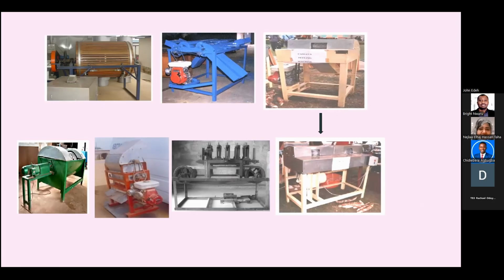He developed this spring-loaded peeling knife mechanism, but the challenge it had is that there were much flesh losses, which is not to be encouraged because it increases post-harvest losses because of processing.